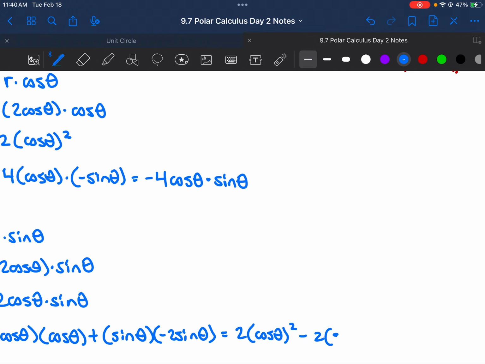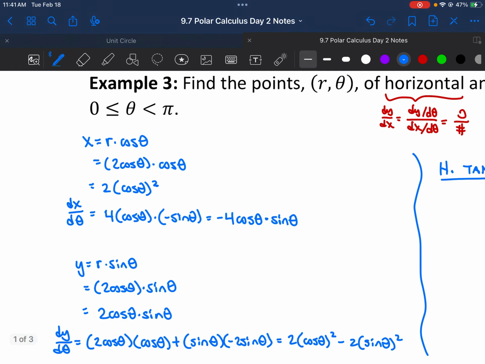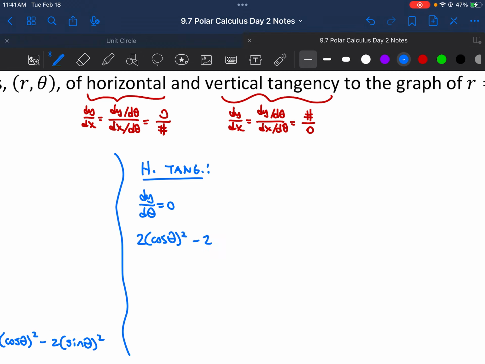All right. So horizontal tangency, let's handle that one first. We want dy/d theta equals 0. This means 2 times cosine of theta squared minus 2 times sine of theta squared equals 0. Okay, when I look at this, here's what I see.